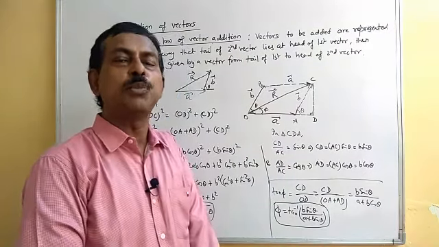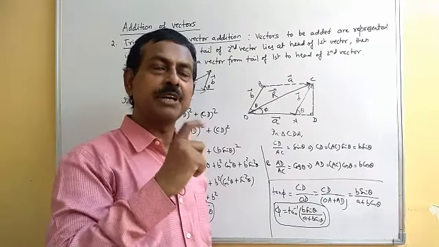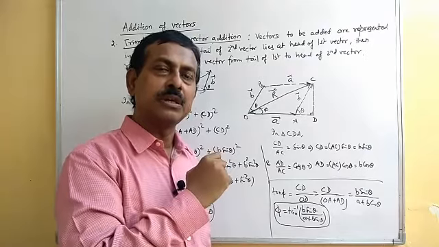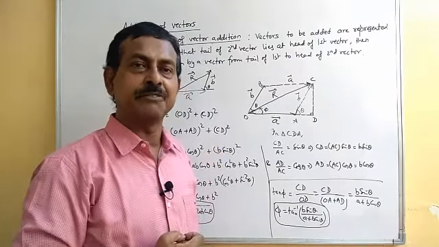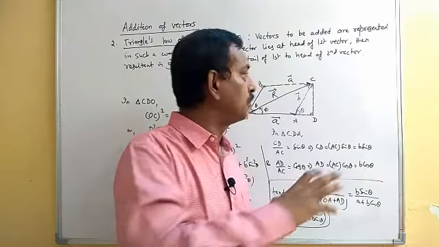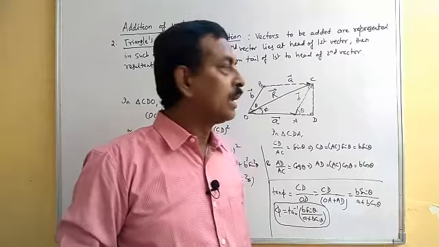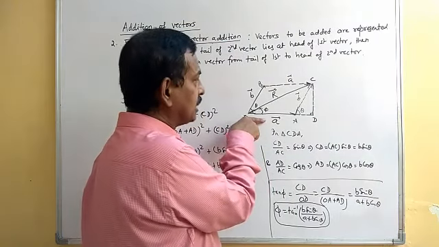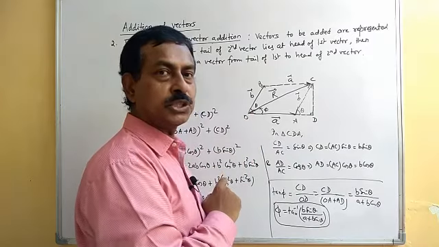So this is how in the triangle law of vector addition you can get the resultant. You have to only put the second vector in such a way that its tail lies at the head of the first, and the resultant will be from the tail of the first to the head of the second vector. If you look at the diagram which we get for the parallelogram method, here you have this as the vector A, this was the vector B. They had the initial point at one particular position.